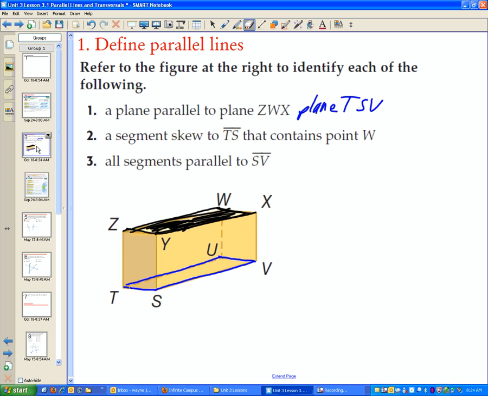Okay. Number 2, a segment skew to segment TS that contains point W. So look, let's identify where segment TS is. Now we need a line that's skew to it that goes through W. Should it be that one? No, those are actually coplanar, right? You'd have to slant the plane through there. Can you visualize the plane that would be slanted through there and contain both those? So it's not that one.